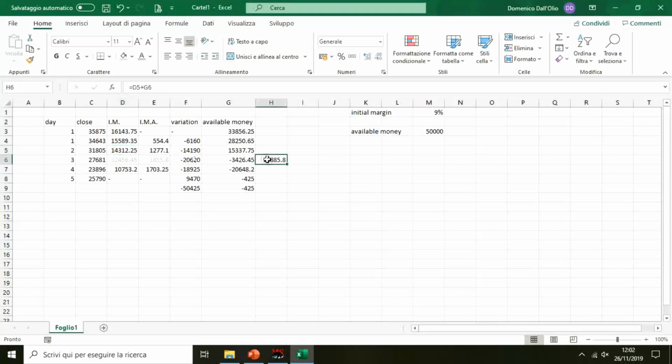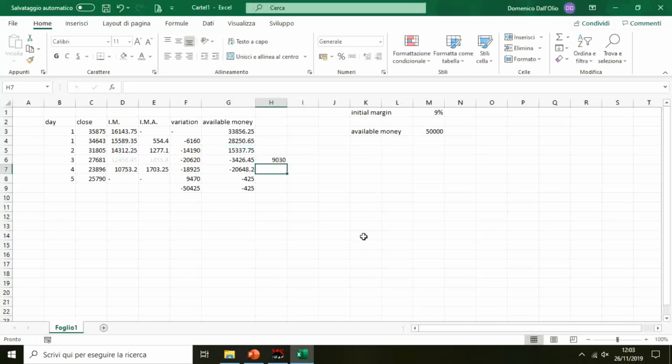So in respect with the previous days, you have 15,337.75, the available money the previous day, plus the variation margin you are suffering today, plus the initial margin deposited yesterday, which now is released.